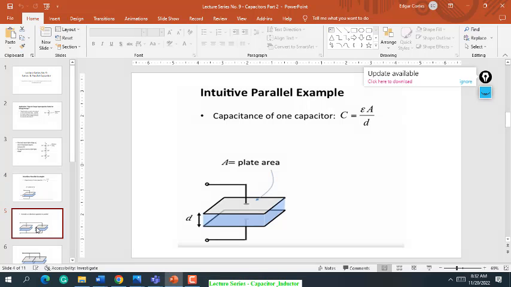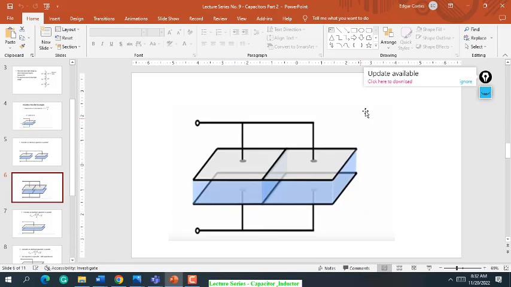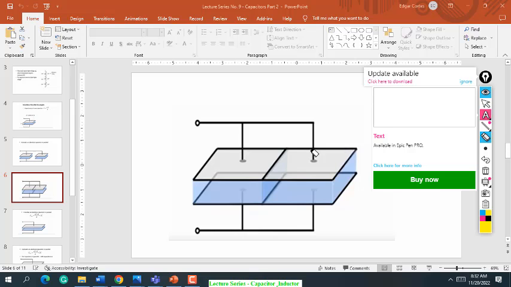Okay, so for example, here we have a parallel capacitor, same with the arrangement in a parallel circuit. Let's say we have identical capacitors arranged in parallel. It's just the same as connecting capacitors together. So what happens is, particularly the area, this area will double.